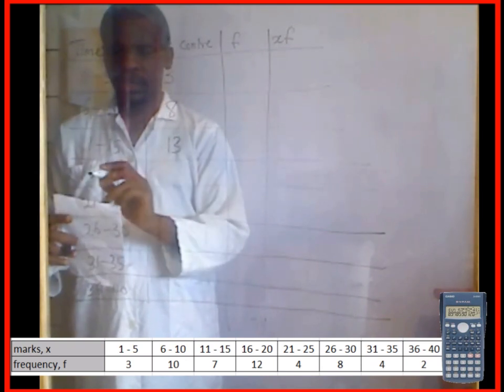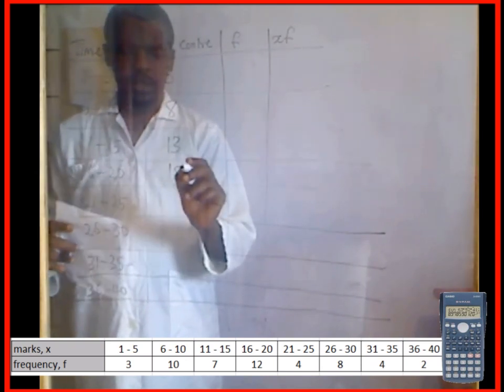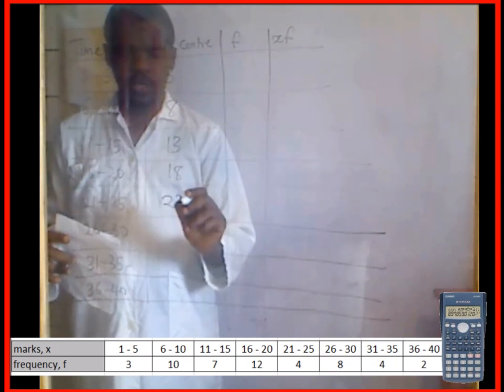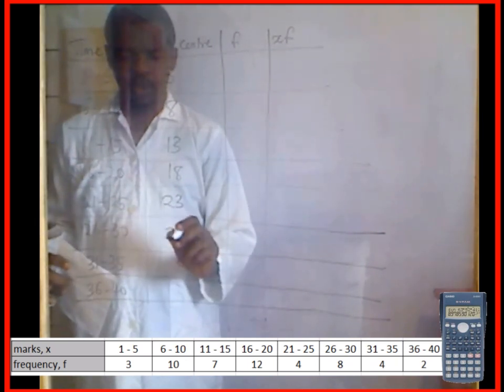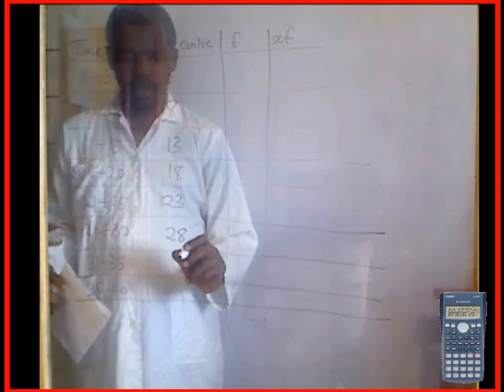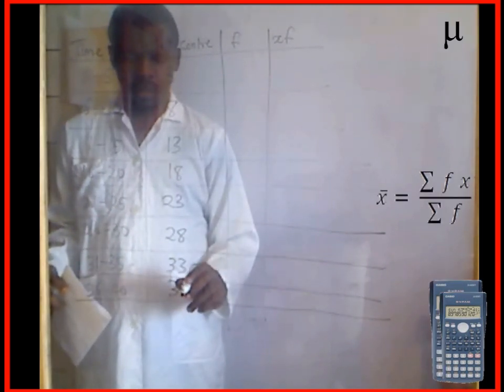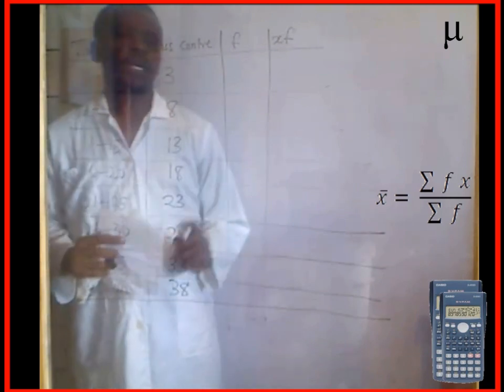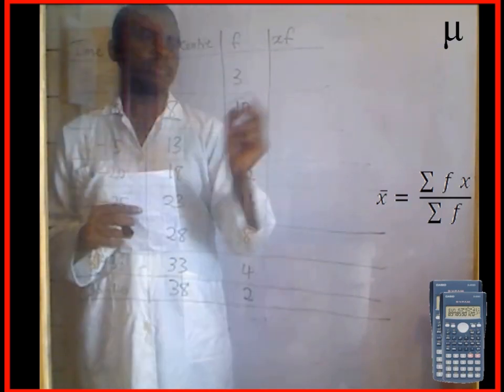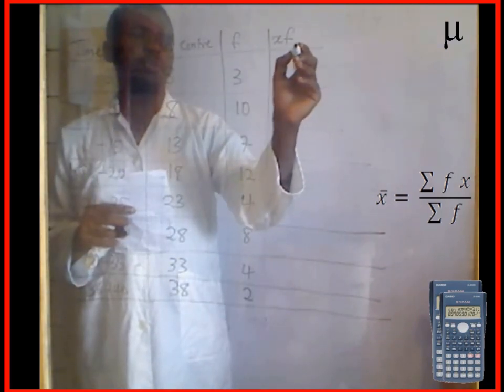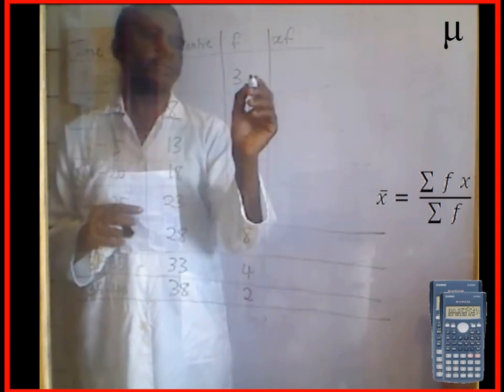I do that, I have 8, 13, 18, 23, 28, 33, 38. I recopy the frequencies. I'll need to look for the product between the class center and the frequency.